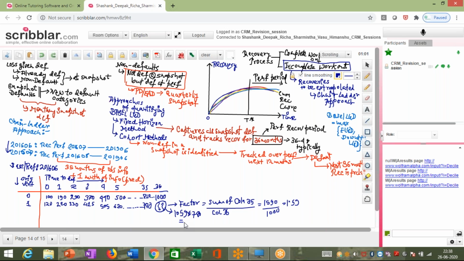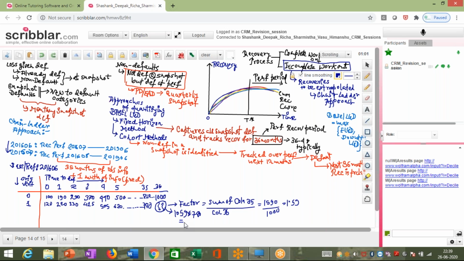So at the end of this, for all these vintages, you will get to see the cumulative recovery curve. And if you plot those curves, you can find out what is going to be the recovery period. Now, this is generally done over the lifetime of the loan, right? Because it's a personal loan portfolio, the typical length is 3 to 5 years, right?